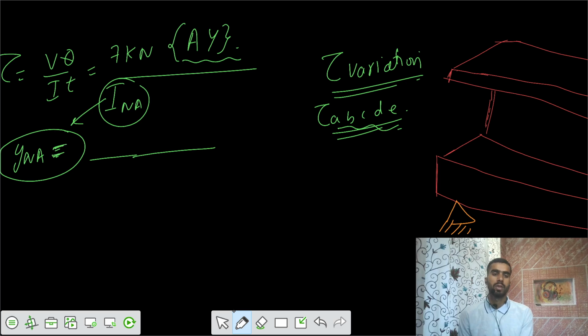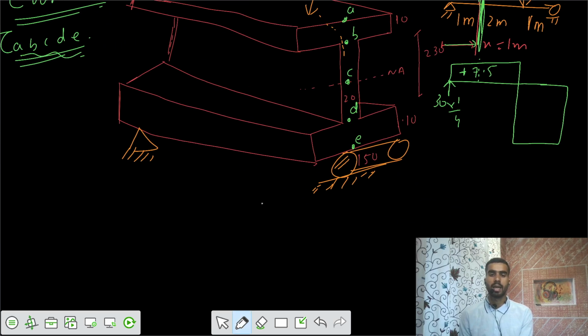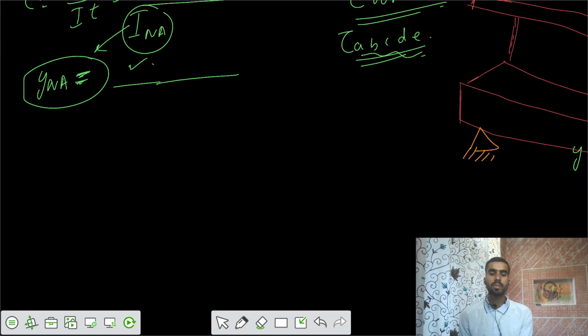So the neutral axis is at the mid section, such that this is Y, and the neutral axis would be at 230 by 2 plus 10, that's 125 mm.